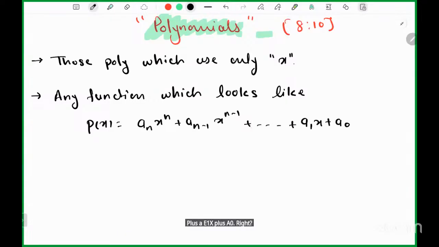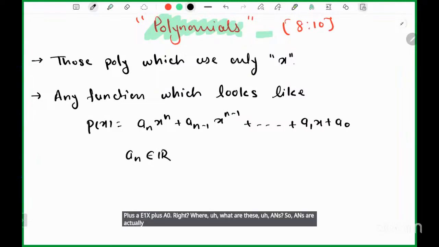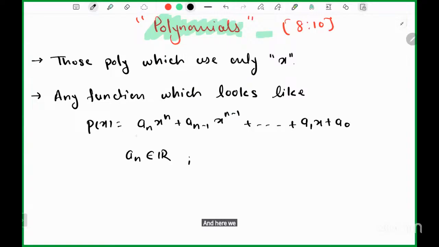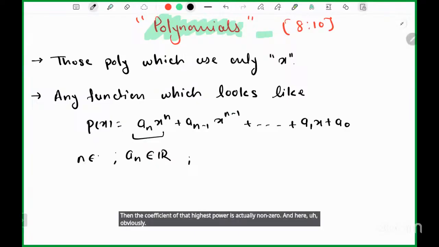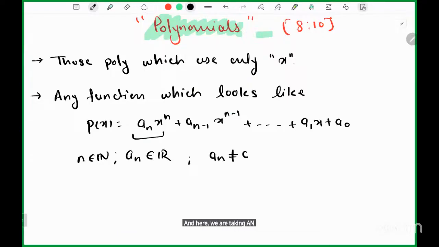Where a_n, and so on, are any real numbers you can take, and here we are restricting that whatever highest power is there, the coefficient of that highest power is non-zero. And here obviously n is any natural number you can consider, and here we are taking a_n is not equal to 0. And here you can say that all a_i's are real numbers. Such a function is known as a polynomial.